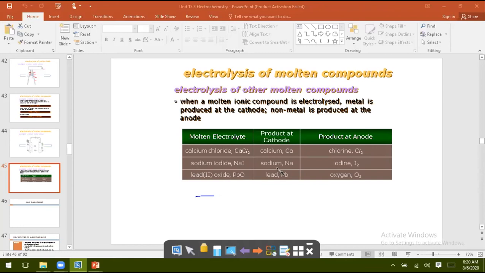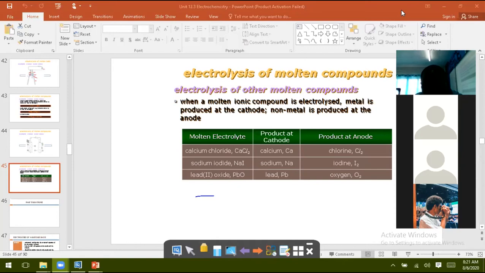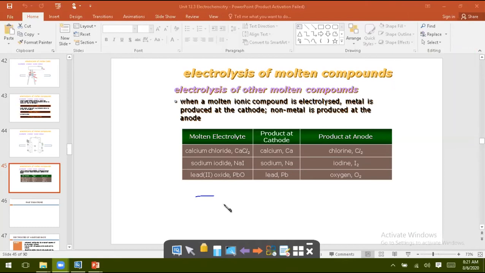Again, there are only two ions, so sodium is the product at the cathode and iodine will be the product at the anode.